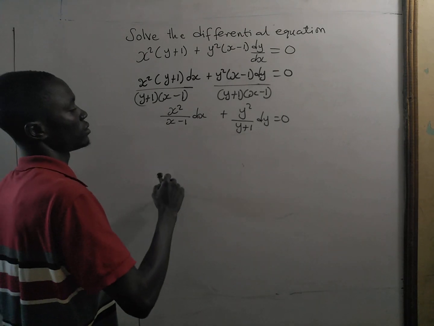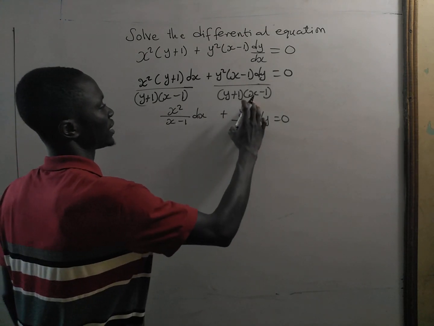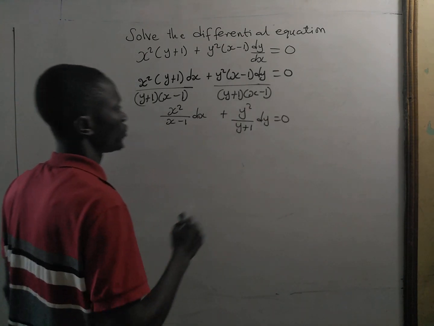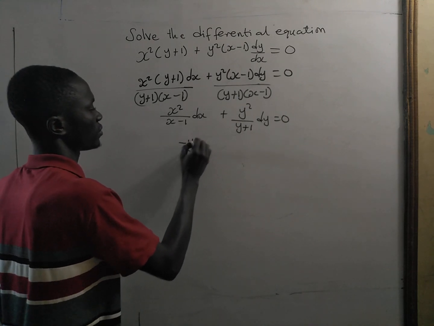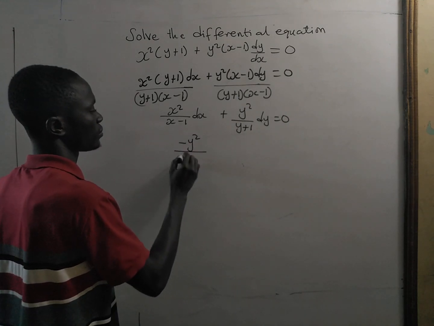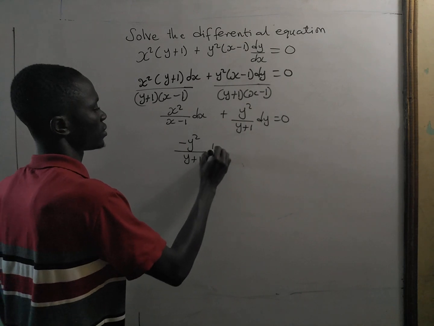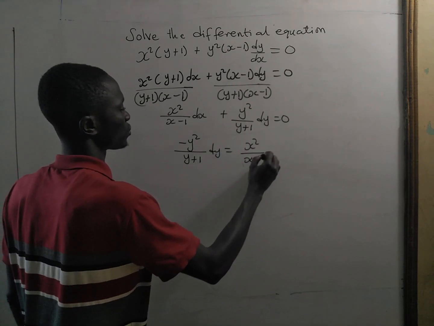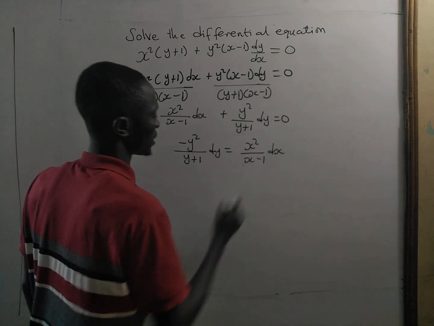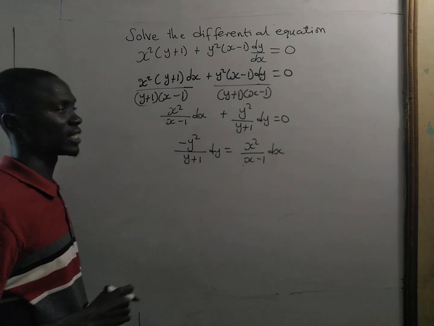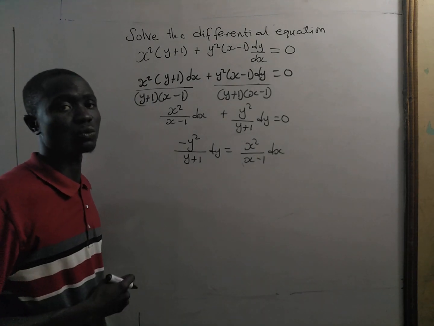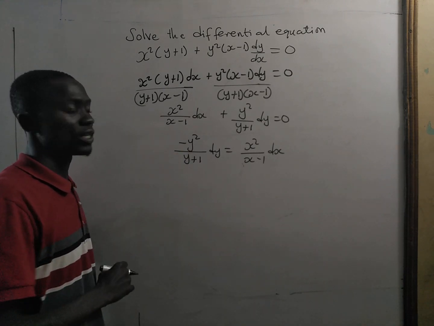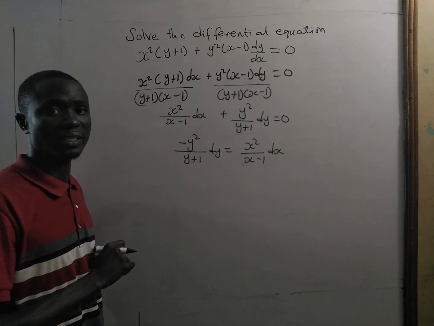Then, if we send this one to this side, we have negative y squared divided by (y plus 1) dy equal to x squared divided by (x minus 1) dx. So this differential equation is separable. We've separated the y term and the x term.